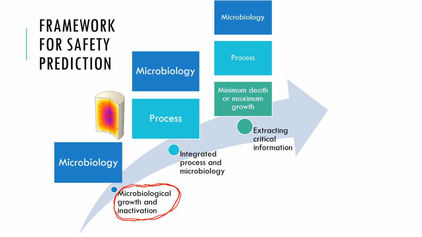So we find where the minimum death is, or in the case of growth, where maybe the maximum growth is. So we need to find this information after we have combined microbiology with process. I call that extracting critical information after we have integrated process and microbiology.